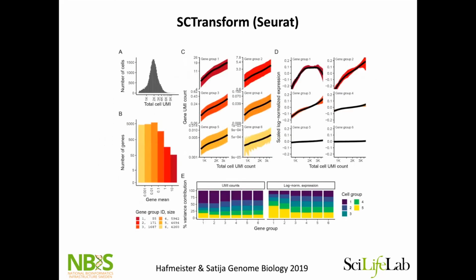And similarly, with a very similar idea, Seurat uses SCTransform. It's developed by the same lab as the Seurat package. It's more or less the same. They bin the genes into different groups.